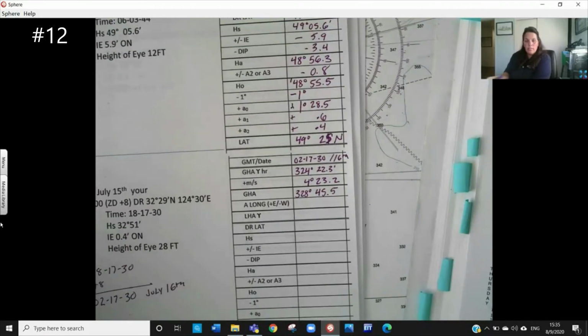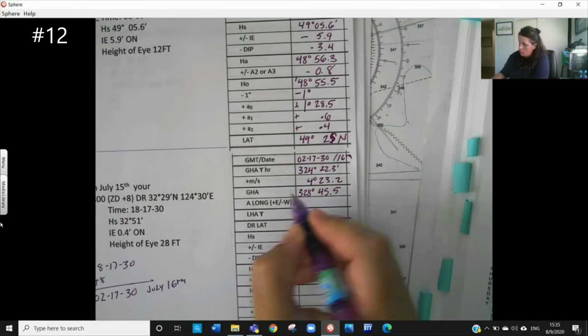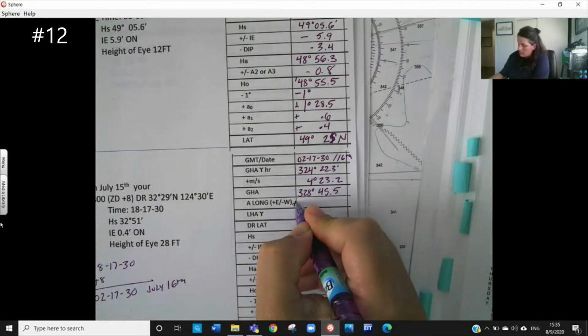And we're going to apply our DR longitude, which is east, so we're going to be adding it.